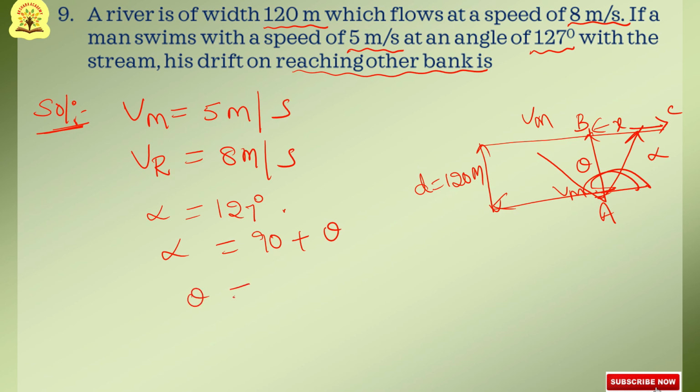So theta is equal to 127 minus 90, that is equal to 37 degrees.